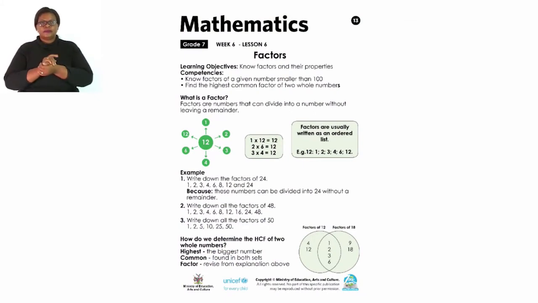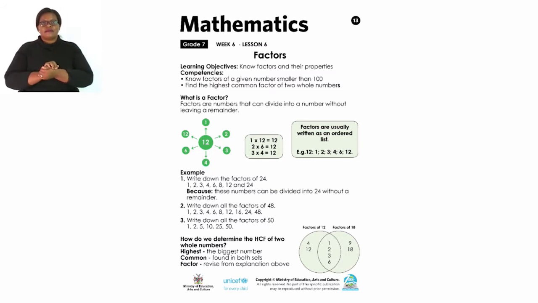What is a factor? Factors are numbers that can divide into a number without leaving a remainder. So a factor is a number that we can divide into a number without leaving a remainder.